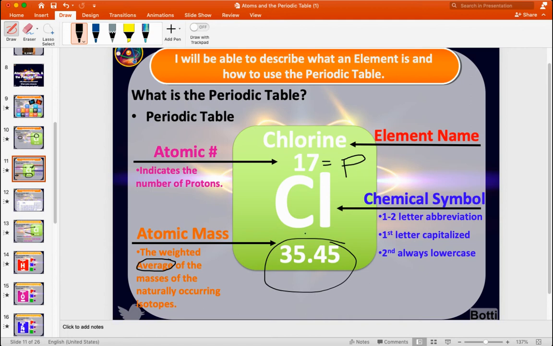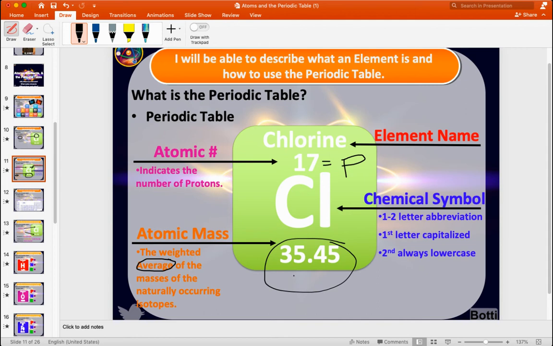When we are looking at masses, we are only counting the number of protons and the number of neutrons because, as we've talked about before, electrons are so very, very small that they just get rounded out when we calculate mass.